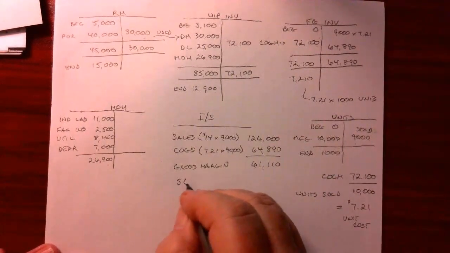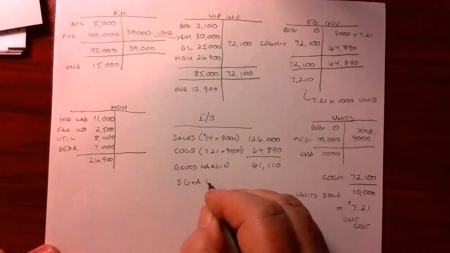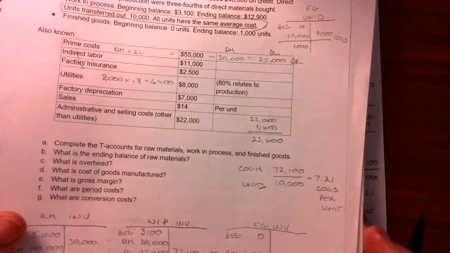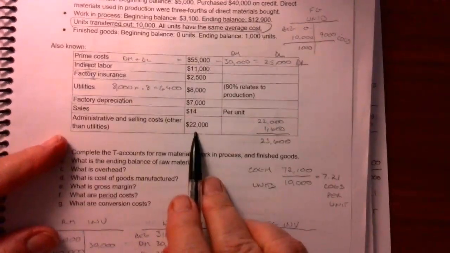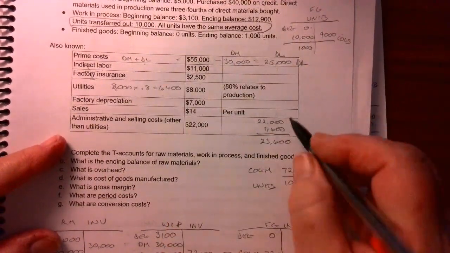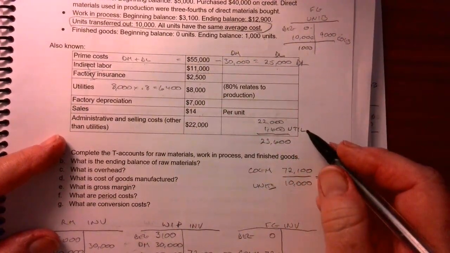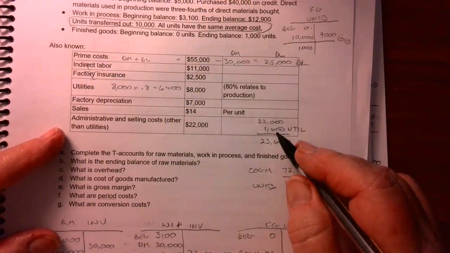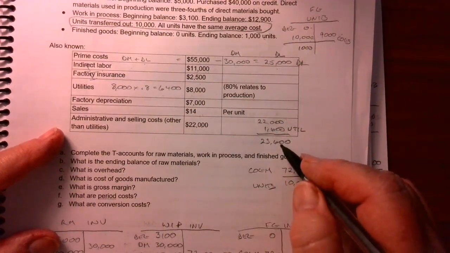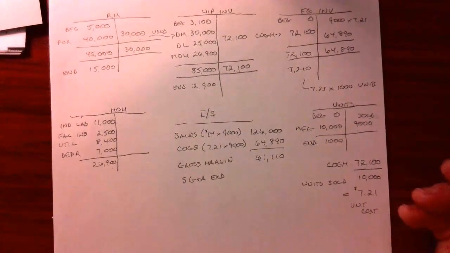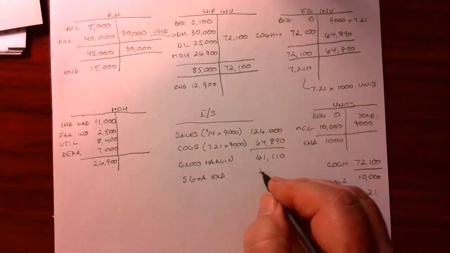And then we get selling, general, and administrative expense. They gave us one number here. They gave us 22,000, but this is other than utilities, so we've got to add in the 1,600 for utilities. So the total amount is 23,600.